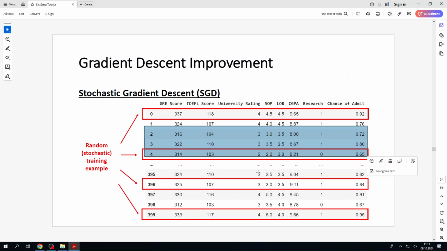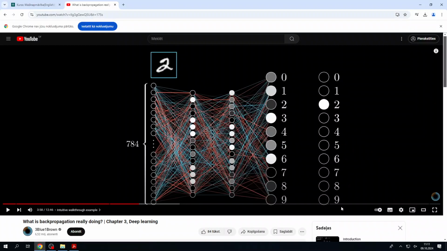Well, because often our data set may be organized in such a way. For example, this data set of handwritten digits we are going to use here is organized so that first we have all the data for zeros, then all the data for ones, then all the data for twos, and so on. So it is quite a good idea to mix up this data before actually using it, so that in your batch you will have different numbers, not a batch of 10 data points where all of them are zeros.